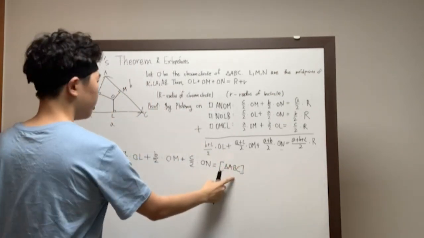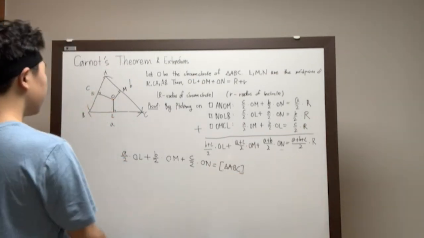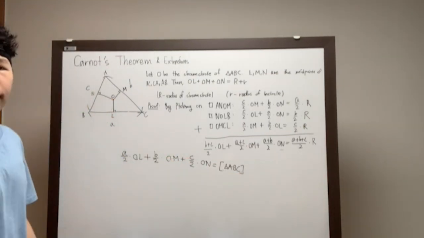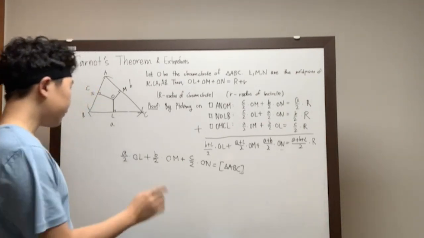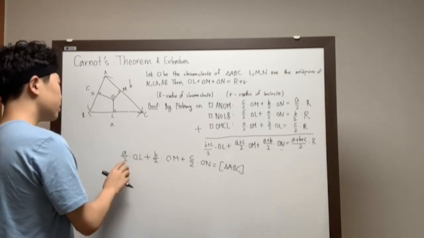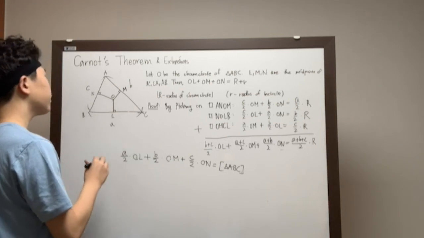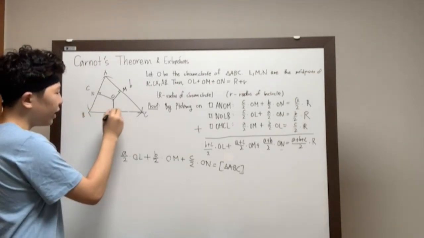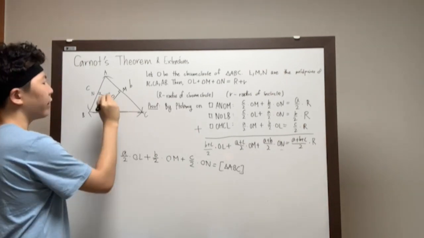So this is the symbol for the area of ABC. So how is this true? Well, this is actually pretty simple. If you look at this, what is a over 2 times OL? Well, a over 2 times OL is a times OL times 1/2, right?